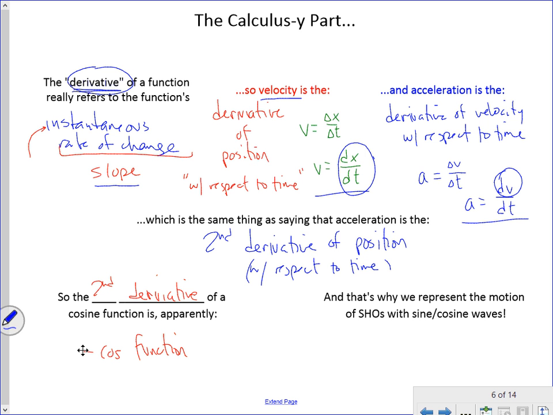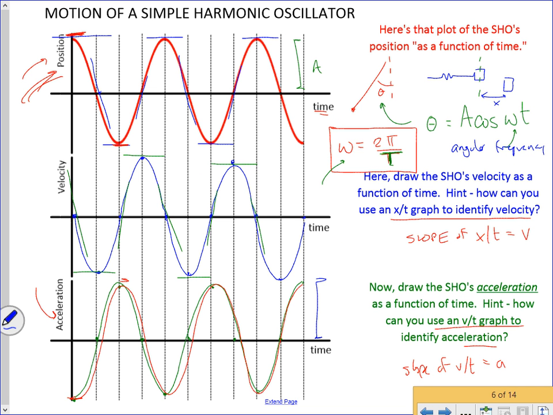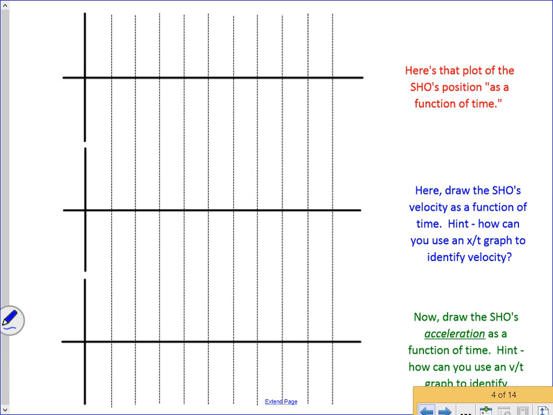Sine and cosine functions are the only functions that work that way, where you take a function's second derivative and what you get is the original function but negative, or something proportional to the original function but negative. Remember, that's what we said has to be true for any simple harmonic oscillator.